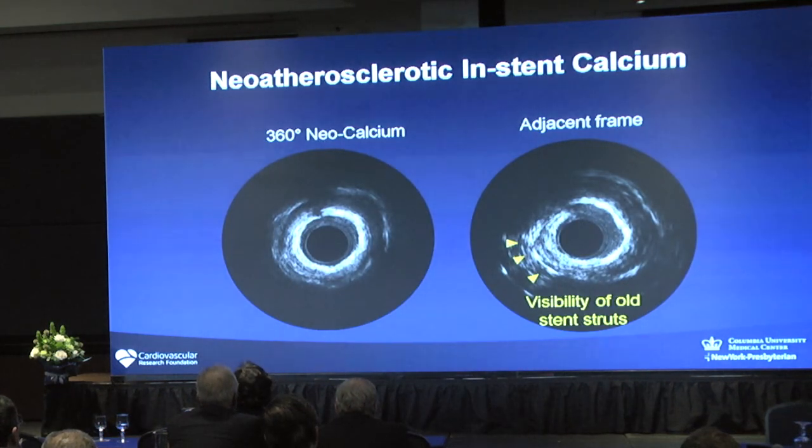And why is this important in IVUS? Because we couldn't differentiate the thickness of the calcium, but at least you can say this is neoarterial calcium because I don't see any stent behind. But you have to look into the adjacent frames, and most of the time, this is not homogeneous. You should see some non-calcium segment. That means this calcium is not very thick.